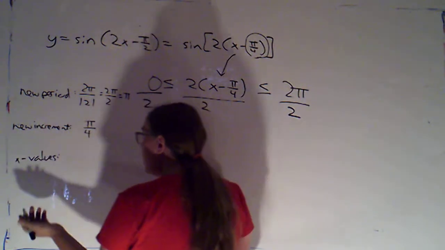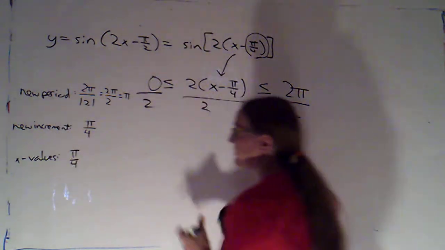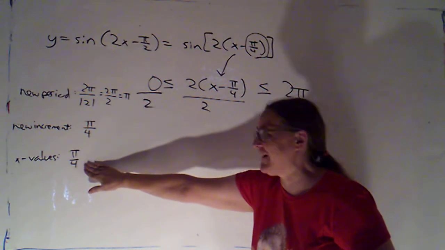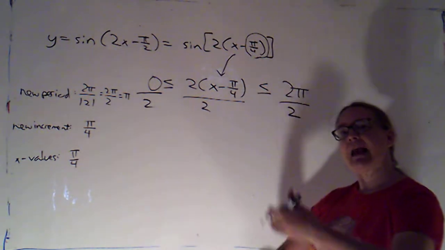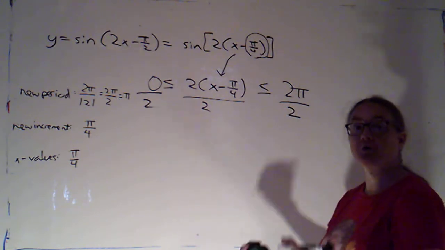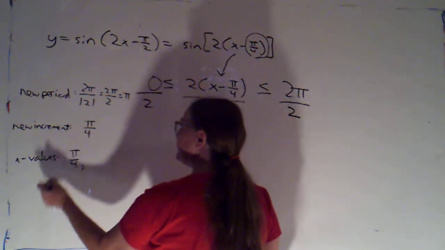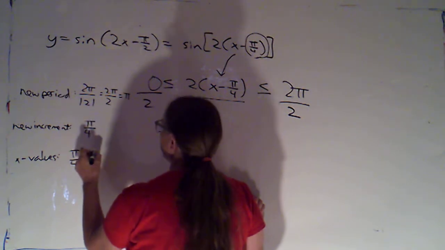So then I can say, what are the x values that I care about? Well, I know, because we just calculated it, that I'm supposed to start at pi over 4. Now that happens to be my new increment, but this was my starting value that I found. So that's why I'm starting at pi over 4. But I'm going to get my next x values by just adding a quarter of the period. So my next x value would be pi over 4 plus pi over 4. That would be 2 pi over 4.